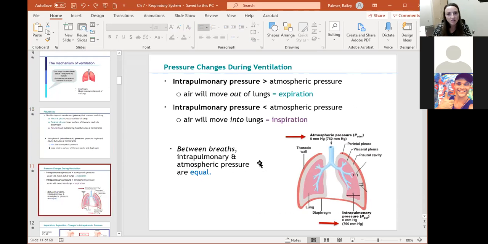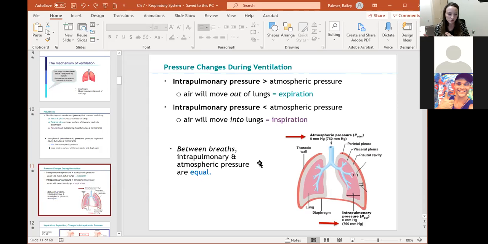So interpulmonary, also interpulmonic, same thing. Interpulmonary is just easier to say. So interpulmonary pressure is pressure within the lungs. We have to talk about the difference between pressure in the lungs versus pressure in the atmosphere. At sea level, we know atmospheric pressure is 760 millimeters of mercury.